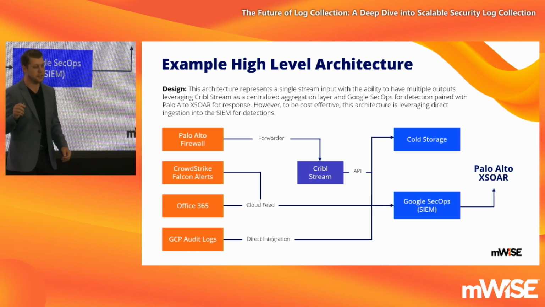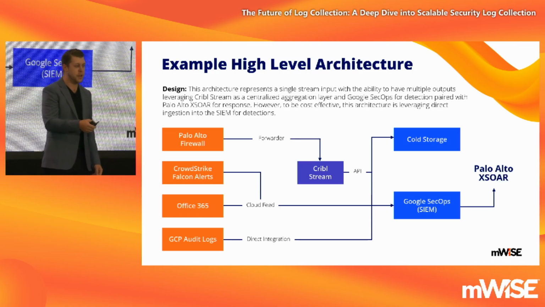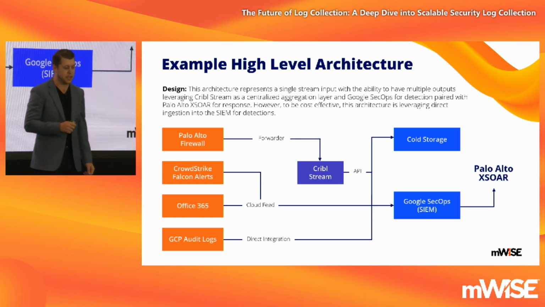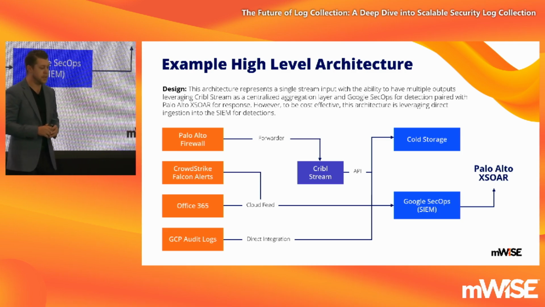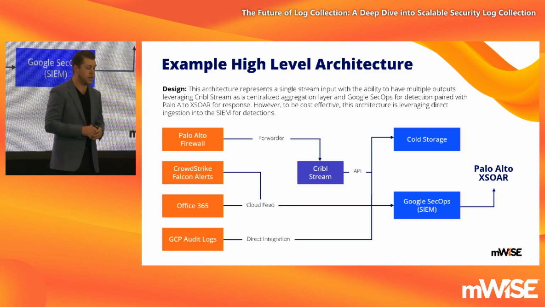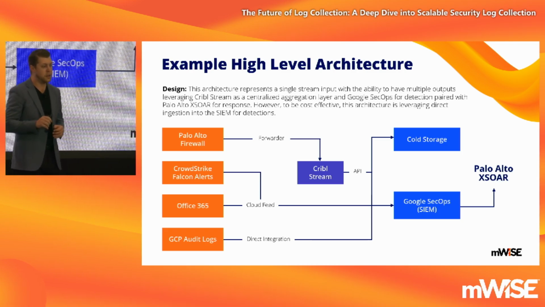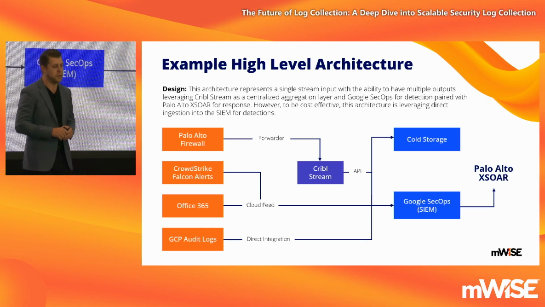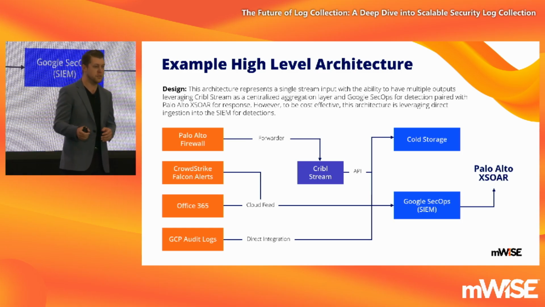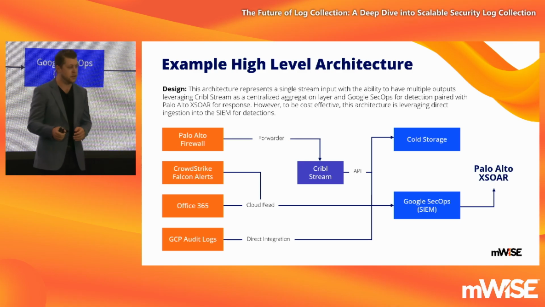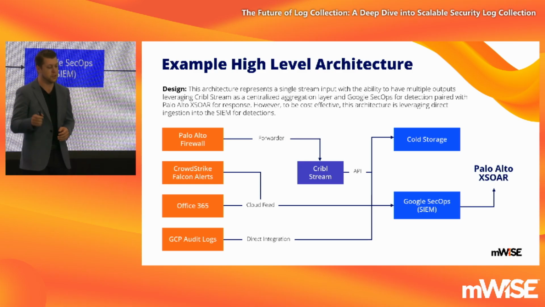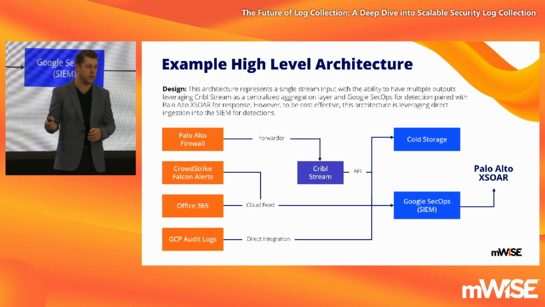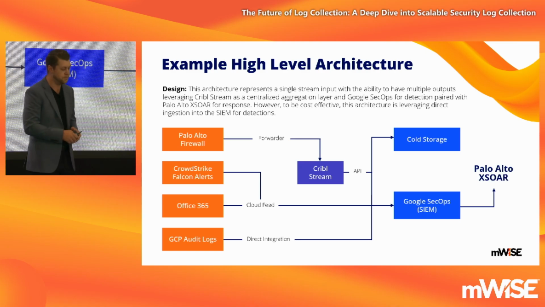Think of that as our cloud storage approach or our API pull approach that's native to Google SecOps. In this case, it wouldn't make sense to send CrowdStrike Falcon alerts to Cribl unless you needed that into multiple applications. Even if you do need to do that, it's a very easy configuration change, but we do want those alerts in Google SecOps because we'll be creating pass-through alerts in that application.